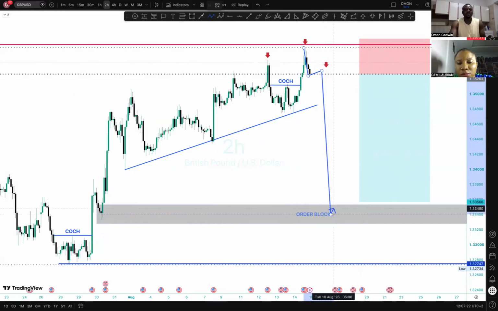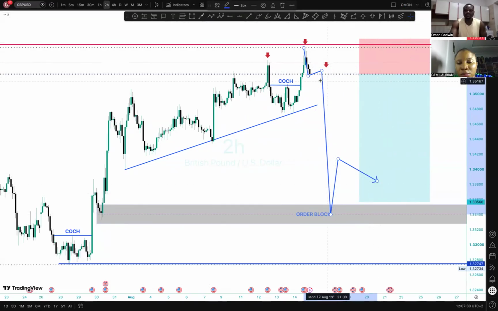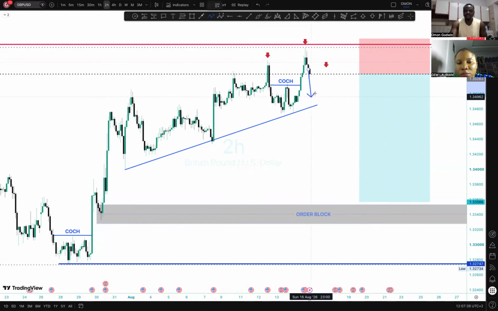So what does that mean? We want the market to come to this point before the market might do something like this. What I'm trying to look for is this: we want the market to set back down to this point, do a retracement, then set back to this zone, then come and take this, liquidate our order block there.